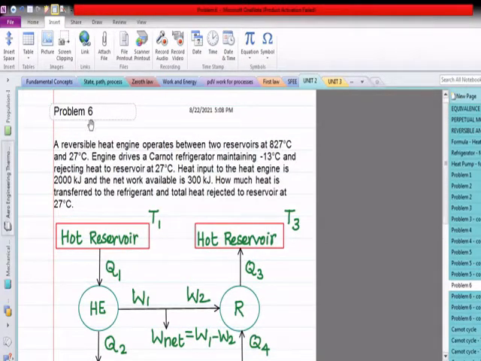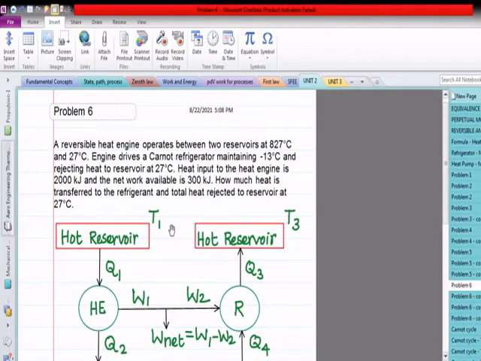Now let us look at problem number 6 and try to understand the data given in the problem. A reversible heat engine operates between two reservoirs at 827 degrees Celsius and 27 degrees Celsius. First, the heat engine and the corresponding reservoir temperatures are given.